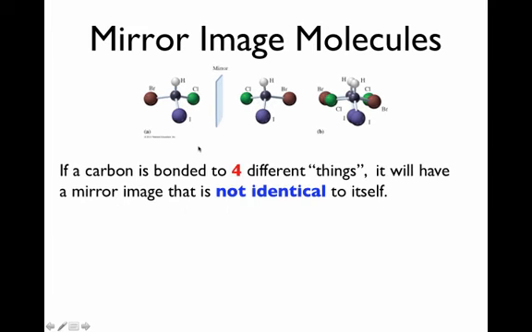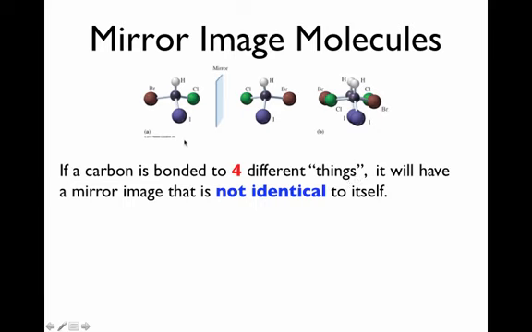So here's what actually makes this carbon a chiral carbon or a chiral center. If you have a molecule that has a carbon that is bonded to 4 different things, and I'm being a little bit vague about what things is, but you'll see why I mean that in the next chapter.